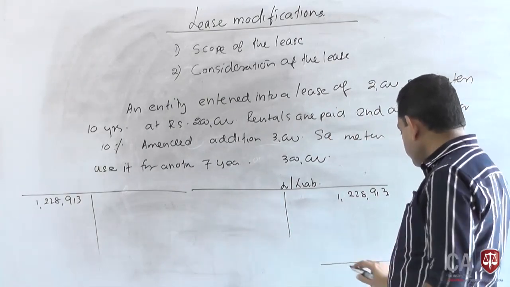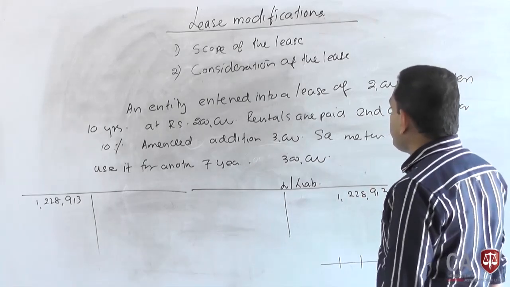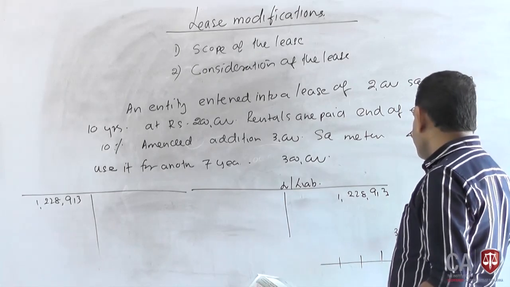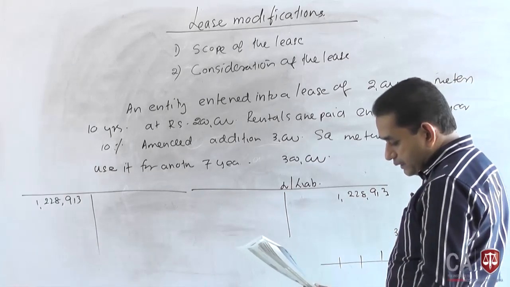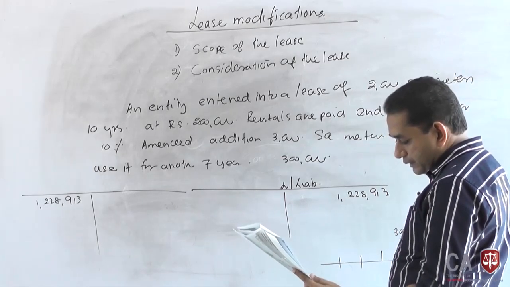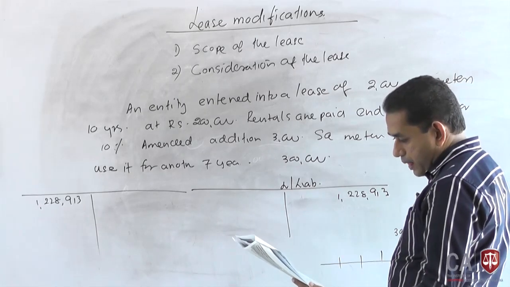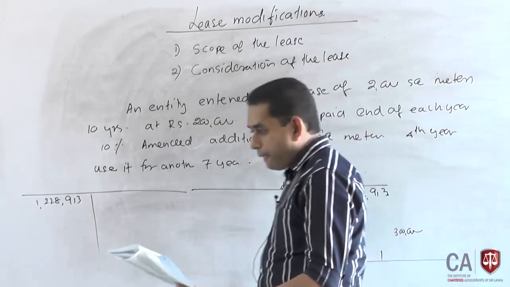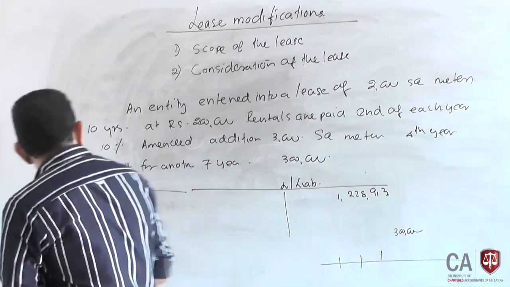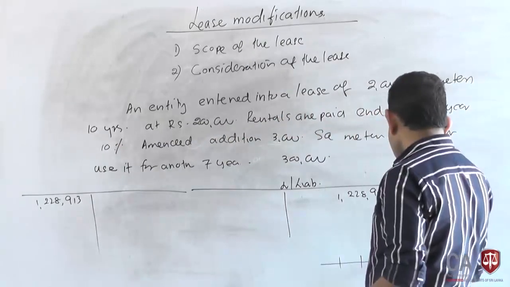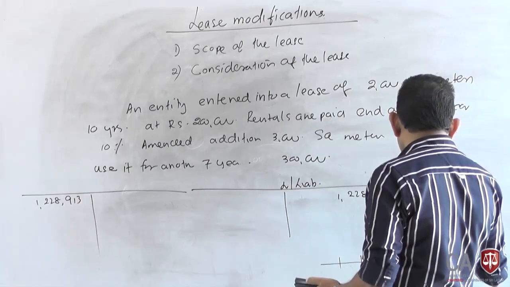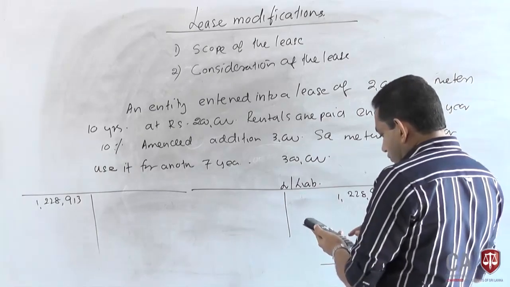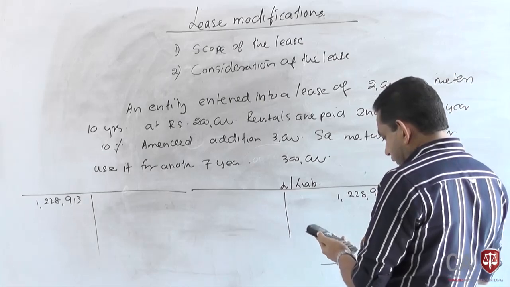And then as per the amendment, they are going to take another 3000 square meters of space. What is the market rental? 300,000 rupees for how many years' time? That is for another 7 years' time. And then you can work out the lease liability: 300,000 into (1 minus 1.1 to the power minus 7) divided by 0.1.